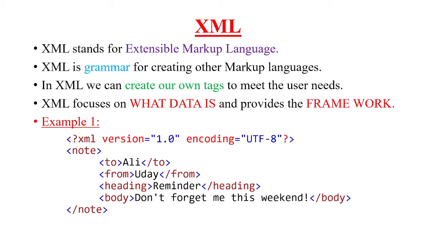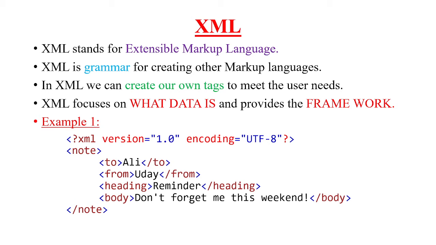Now in this slide, we present one example of XML. Every XML program contains the version specification and encoding, that is UTF-8, where UTF specifies Unicode Transformation Format, and the number 8 represents the bit block.